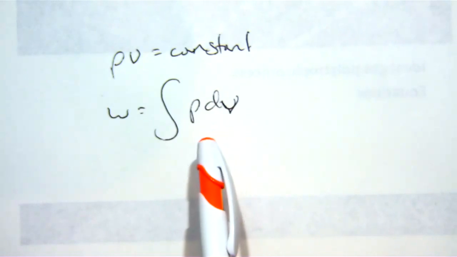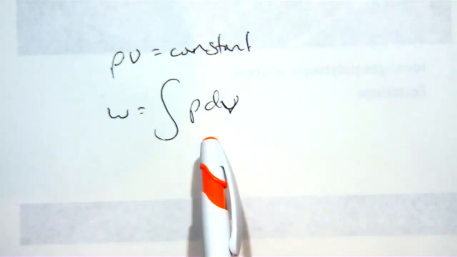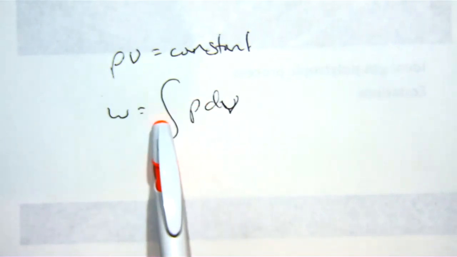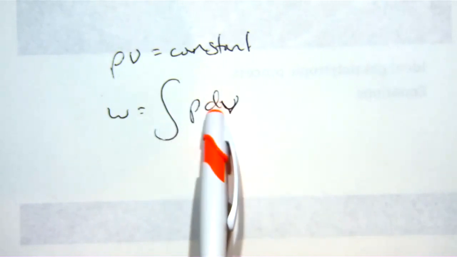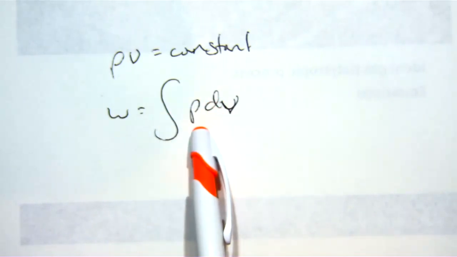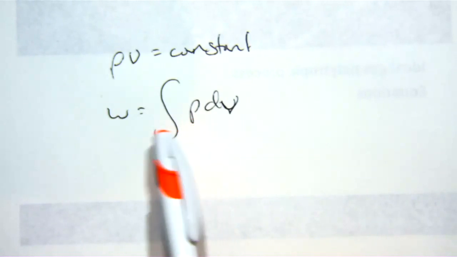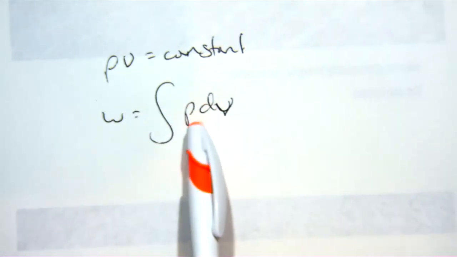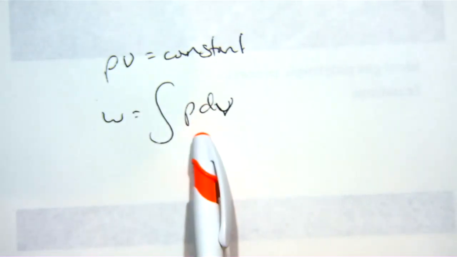The previous time we did this integral was easy because P was a constant, so the P came out of the integral. P is not a constant now, and P is not independent of V, so P needs to be written in terms of V. If I'm going to do this integral, actually really do it, I can't just leave my P there. I need to change it for something in terms of V.